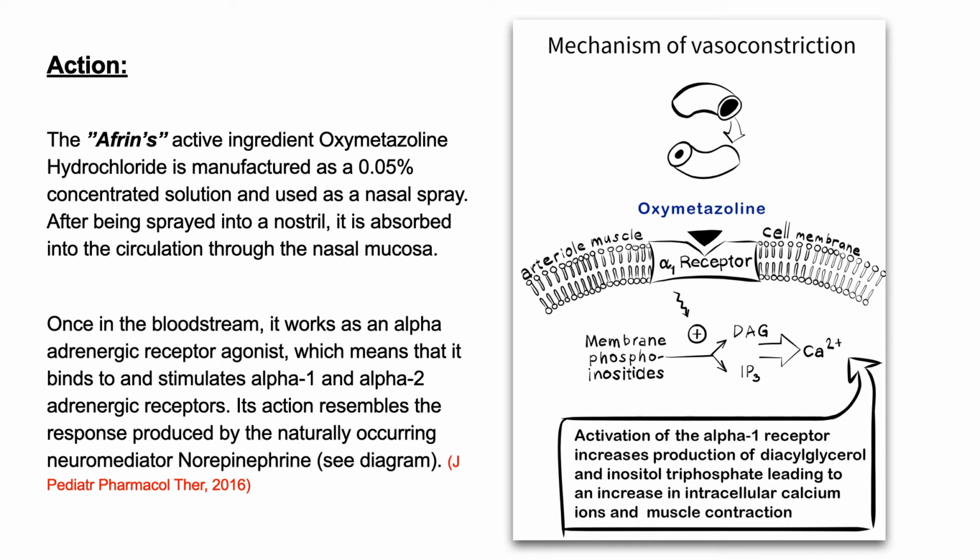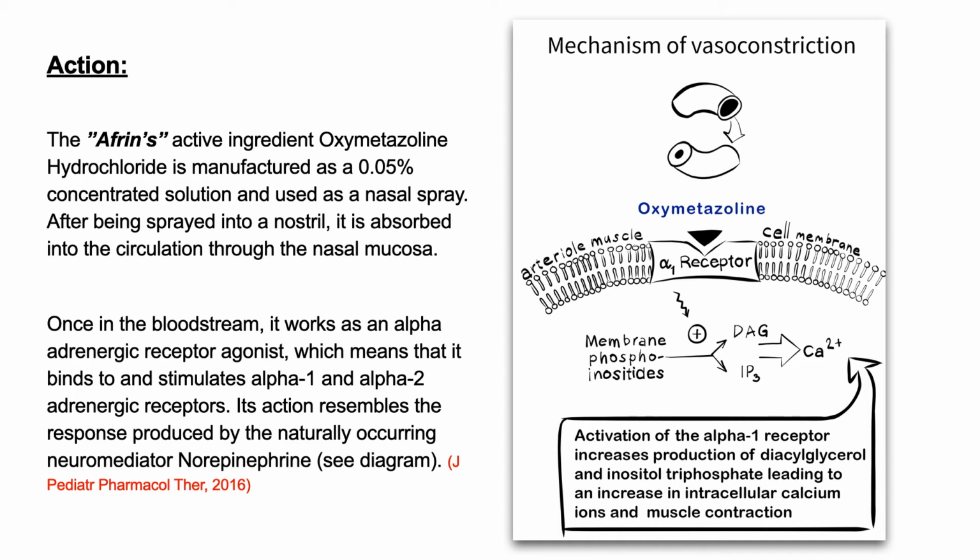Once it gets into the bloodstream, it works as an alpha adrenergic receptor agonist, which means that it binds to and stimulates alpha 1 and alpha 2 adrenergic receptors. Its action is similar to the response produced by the naturally occurring neuromediator known as norepinephrine.